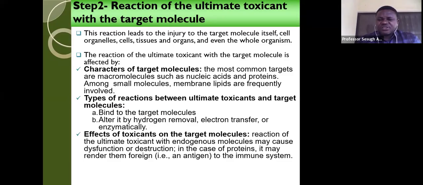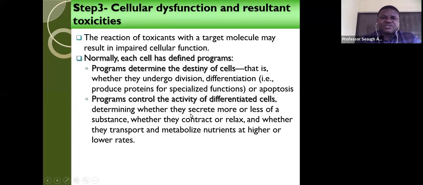In the case of proteins, it may render them foreign, that is an antigen to the immune system. It will cause it to become a foreign body to the immune system. So it weakens the immune system completely. So these are very familiar explanations.